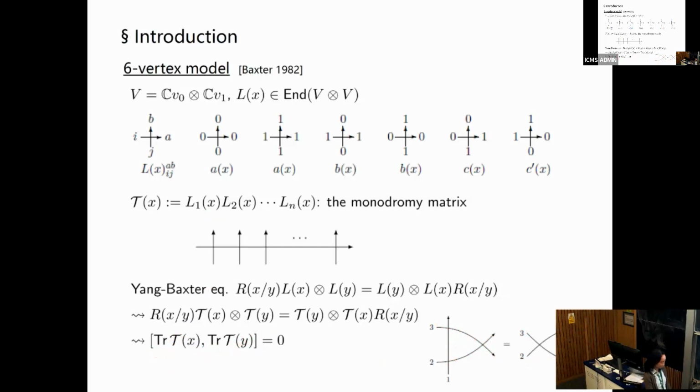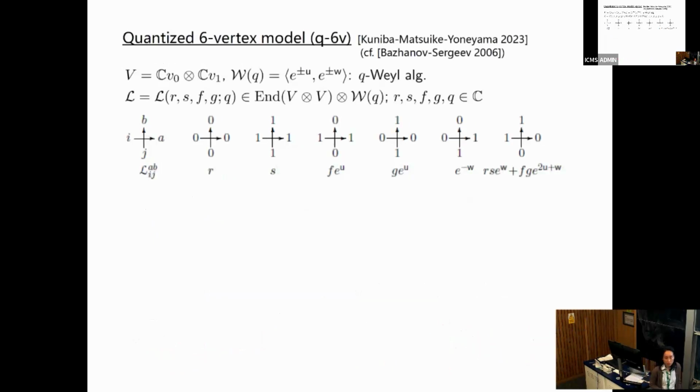Now I go to the quantized version, which was introduced by these people. We have four parameters r, s, f, g like today, and this model was introduced by Kuniba, Matsuike, Yoneyama recently. Again, we use this two-dimensional vector space, and additionally, we use the q-oscillator algebra. This algebra gives a non-commuting Boltzmann weight for this model.